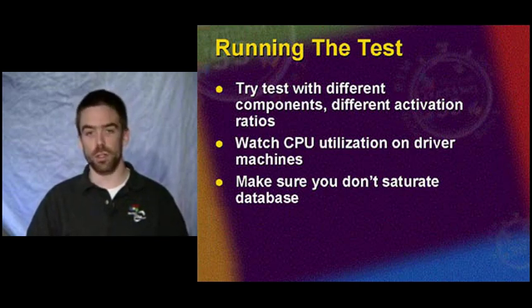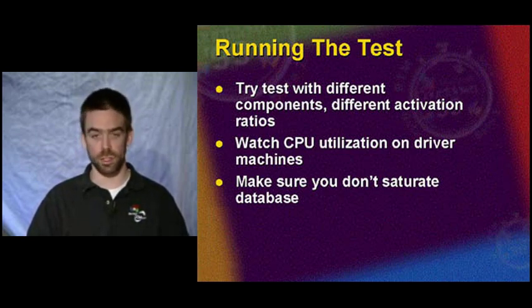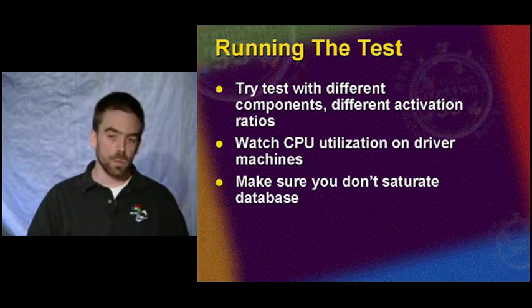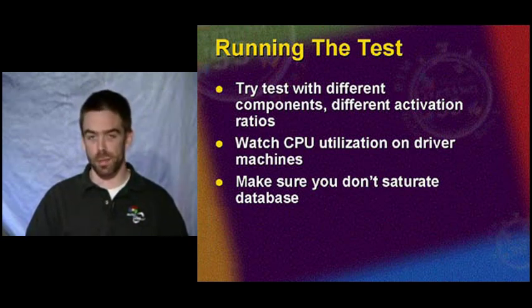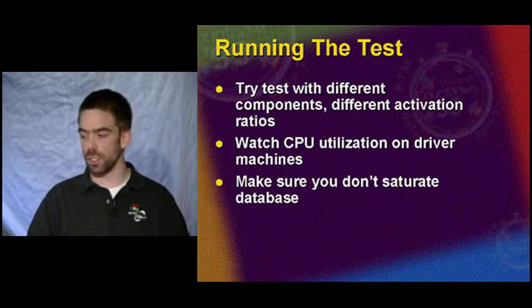And also make sure you don't saturate the database. If you're pointing all of your application servers to the same database, especially with a high activation ratio, it's very possible that you could saturate the database with too many transactions per second, in which case the database would become the bottleneck and not your application.